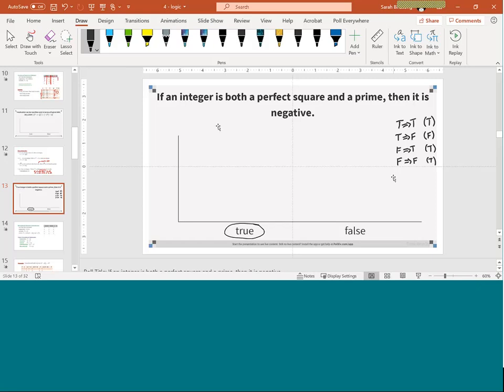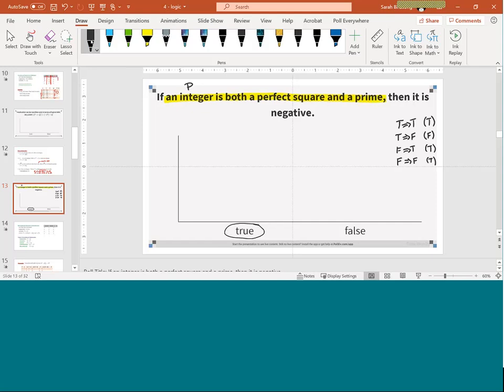Okay. So let's evaluate each of these two guys individually. The first guy right up here says you have an integer that's both a perfect square and a prime. So this guy is your statement P. Okay. And then if we look at the other part, the is negative part, that would be the then part of the statement, the conclusion or the Q part of the statement.